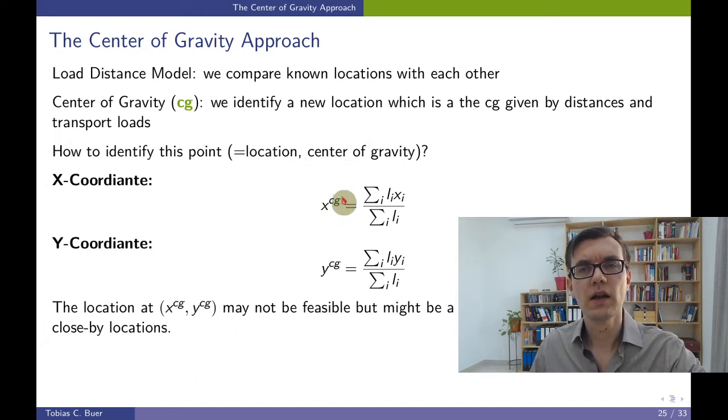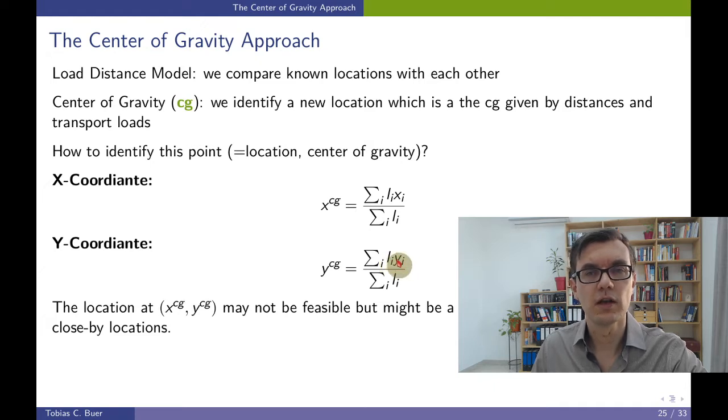So the coordinate that we calculate in the center of gravity approach for the x coordinate: we multiply all the loads that we need to transport to our customers times the coordinate of this customer, the x coordinate. And we repeat the same for the y coordinate: load that we need to transport to a customer times the y coordinate.